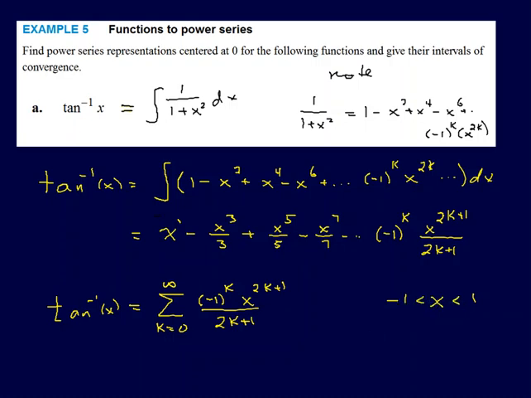If I were to investigate the left endpoint, -1, for example, I end up with this right here. My general term is now -1 to the k times -1 to the 2k plus 1 over 2k plus 1.